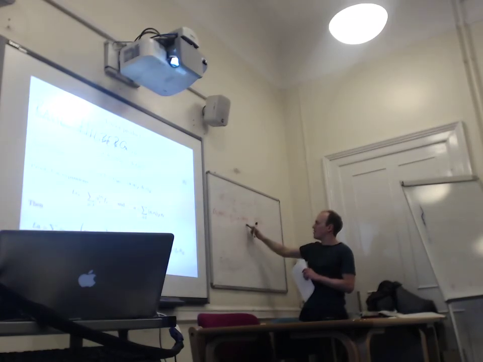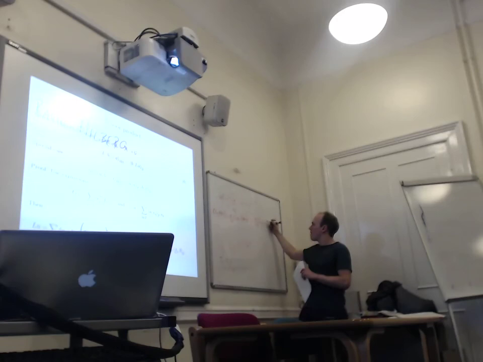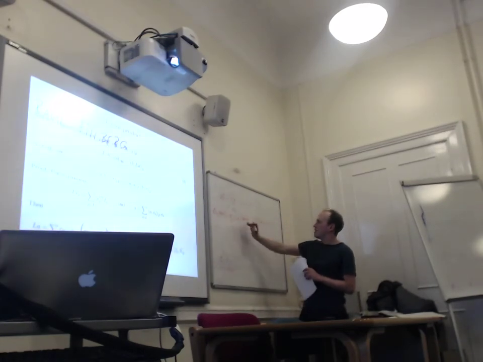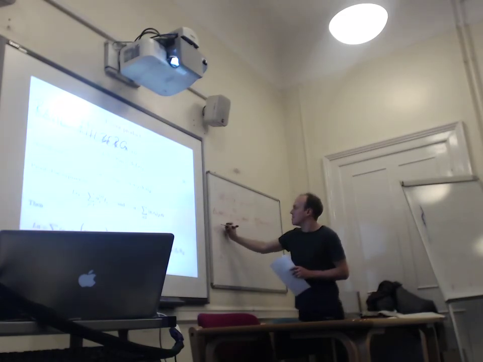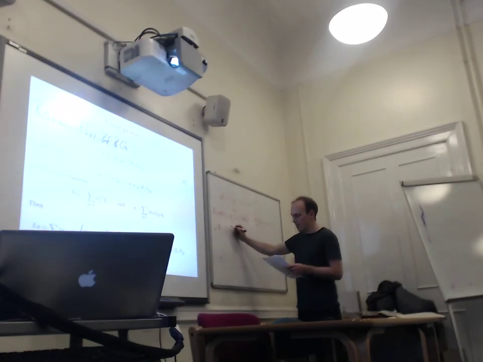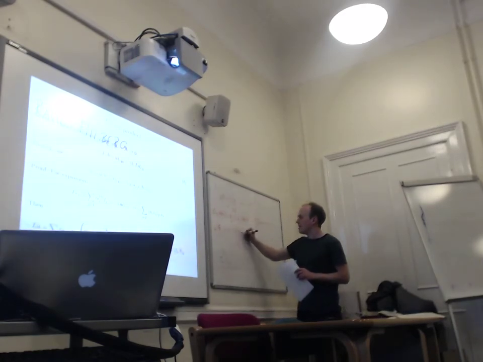Now remember, B cross A e_i is just B times the inner product of A and e_i, right? And that's true because that's just by definition of my tensor product. So this is equal to the sum over i of the inner product of A e_i and L e_i B.